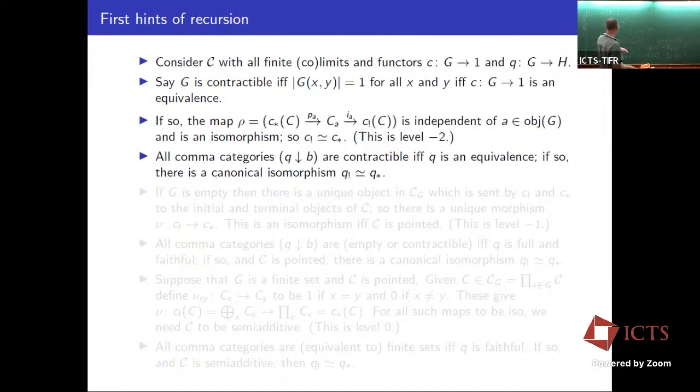So in order to understand whether this is the same as this, we just need to know whether CB lower shriek is the same as CB lower star. And so yeah, we can reduce everything to this first case here.